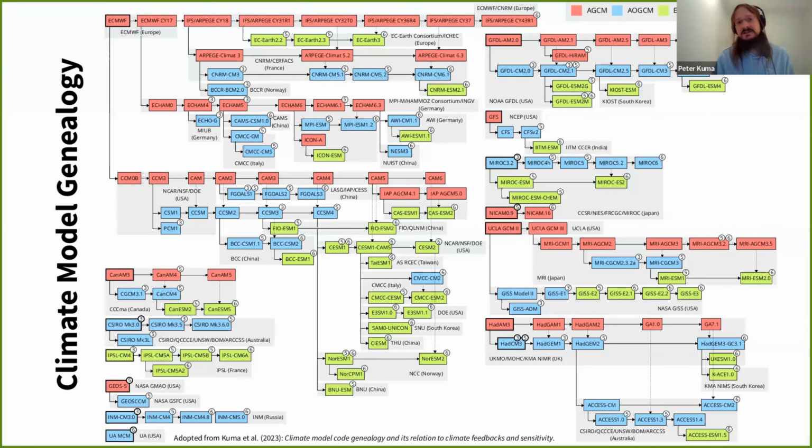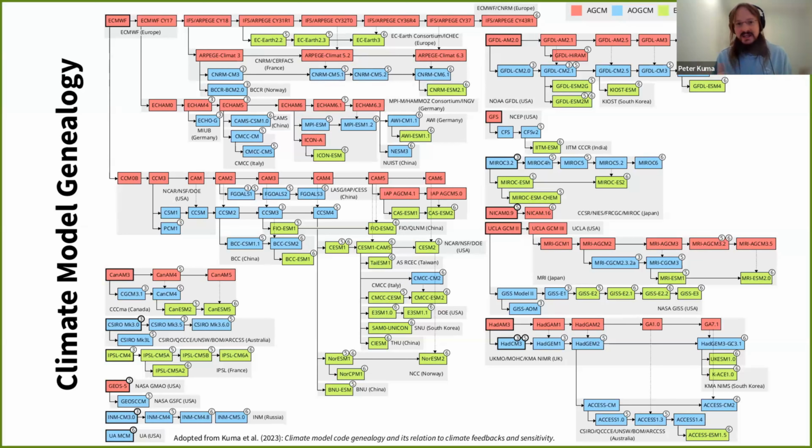This is an image from a work that I did before. It's on mapping climate models as a study of their history and their relationships. So this is a picture which shows over 100 different climate models.